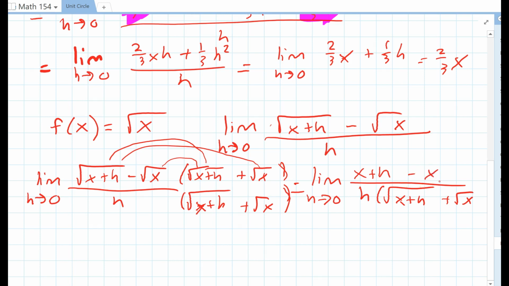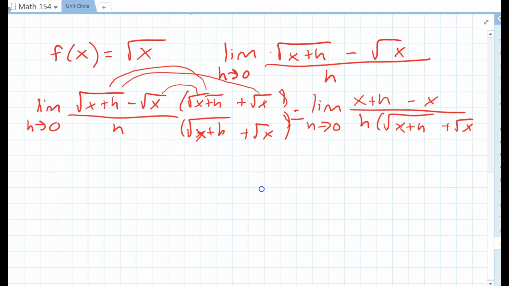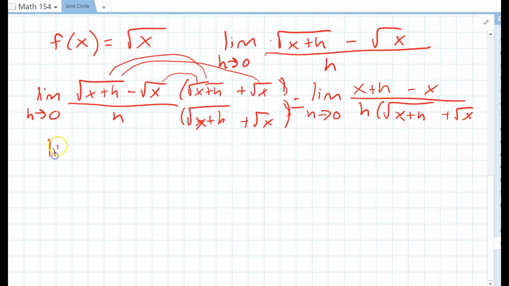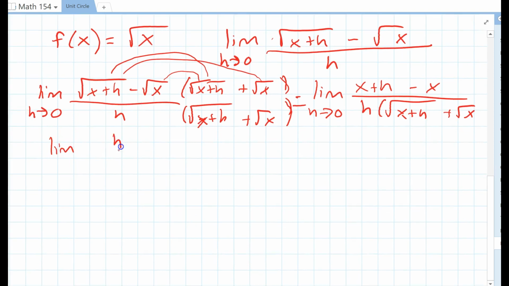And notice something wonderful happens. The x minus x is 0, so now I'm left with the limit of h on top and h on the bottom times the square root of x plus h plus the square root of x, as h approaches 0.